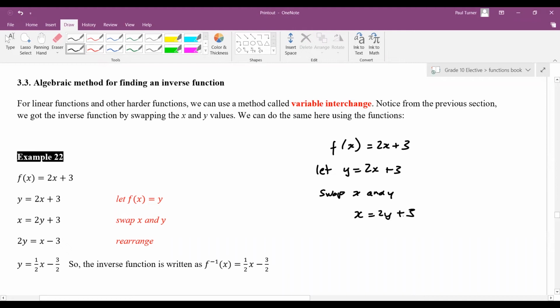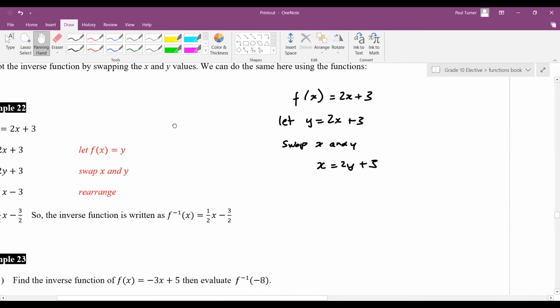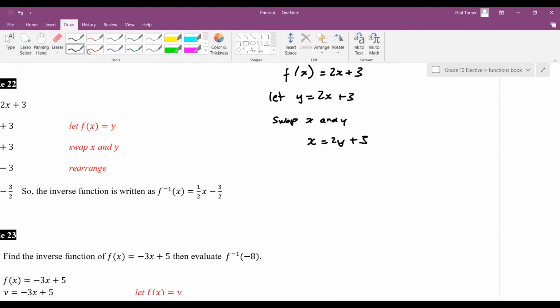Like that. Okay. But now we need to rearrange it. So let's rearrange that. You'll get 2y equals x minus 3. Okay. But now we want to get rid of the 2. So we divide both sides by 2. Cancel. So you're going to get y equals (x minus 3) on 2.